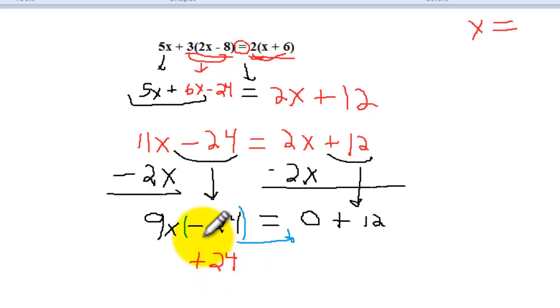So minus 24 plus 24, and this is a plus on this side, so I have to do the same thing on this side, so that's plus 24. So that gives us on this side a 36.